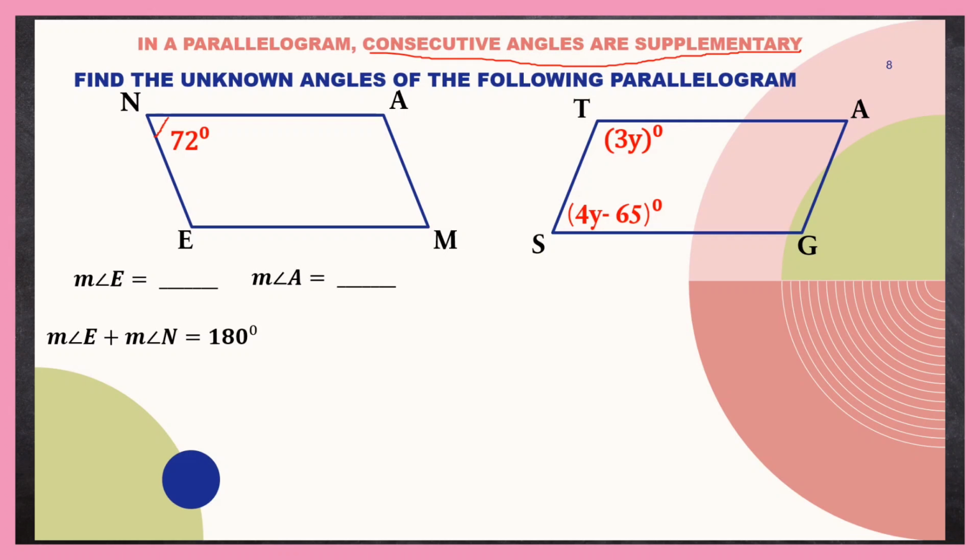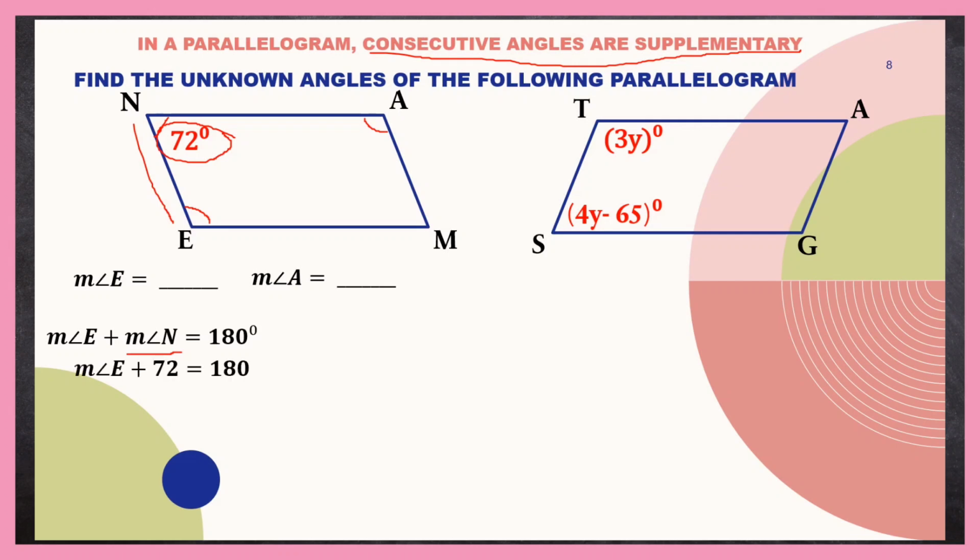So angle E and angle N are equal to 180 degrees because they are consecutive angles, as well as angle N and angle A. So let us start to solve angle E. Then substitute the measure of angle N, which is 72 degrees.